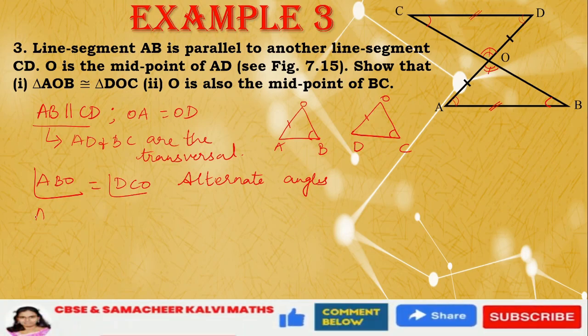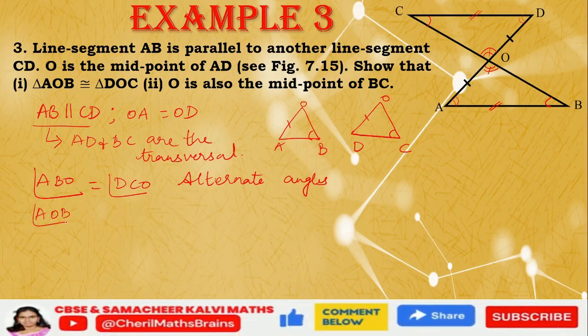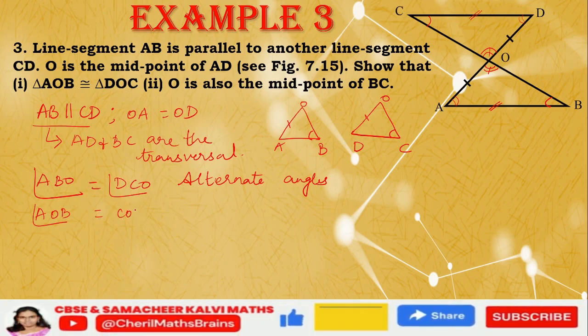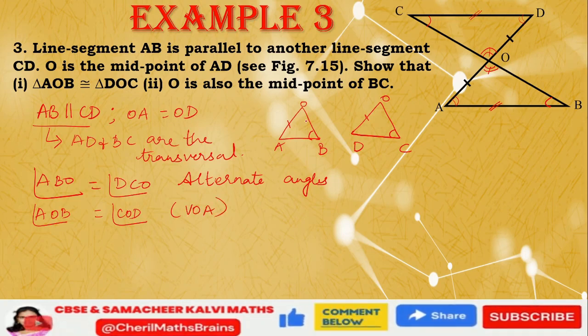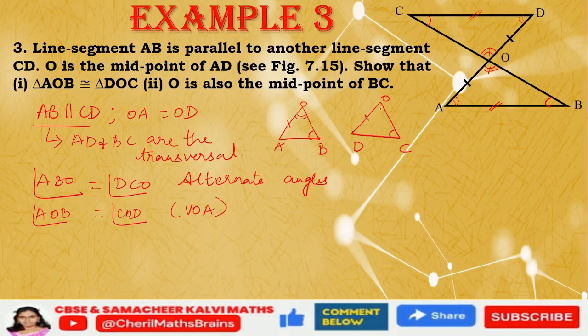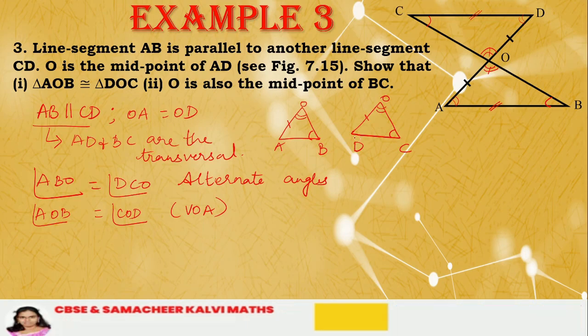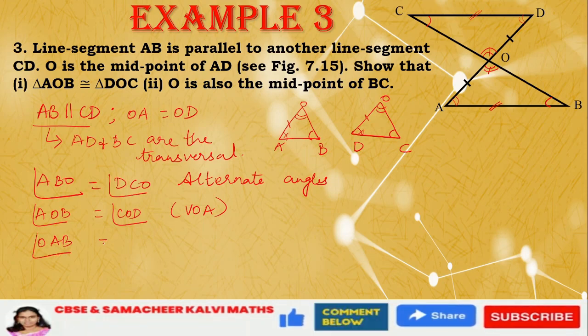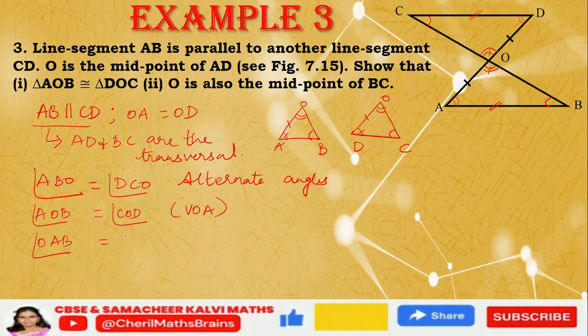So angle AOB is equal to angle COD, because they are vertically opposite angles. This angle is also equal because these are also alternate angles, angle OAB is equal to angle ODC. So all three angles are equal.